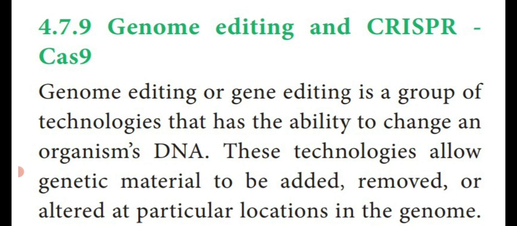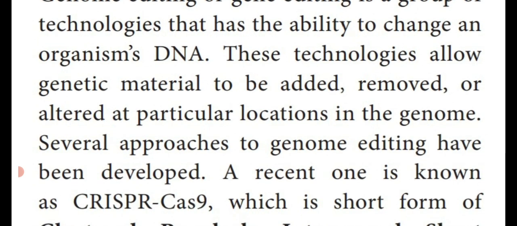For this, we are using different groups of technologies to change the taxa or character in the DNA of an organism. These techniques are used for adding the genome, removing the genome, or altering a particular location in the genome.